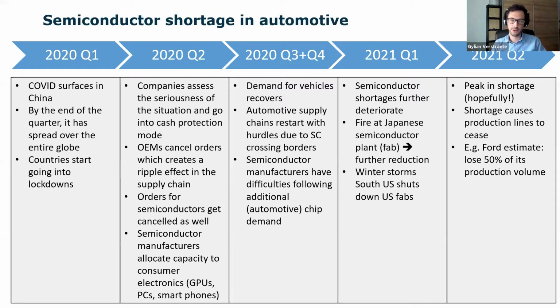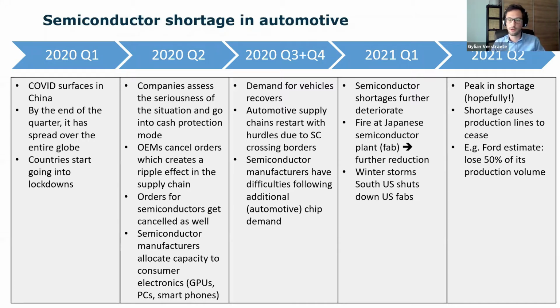And actually, this situation became a lot worse. In Q1 2021, there was a big fire in a Japanese semiconductor plant, which led to a very big reduction in the available capacity of semiconductors for the automotive market.